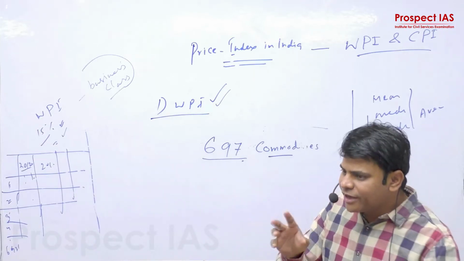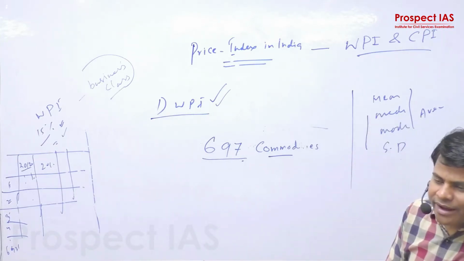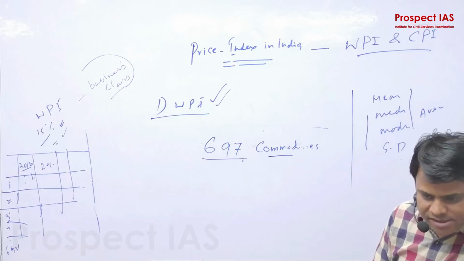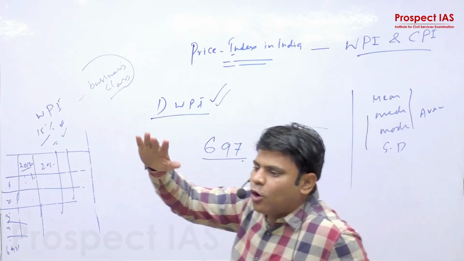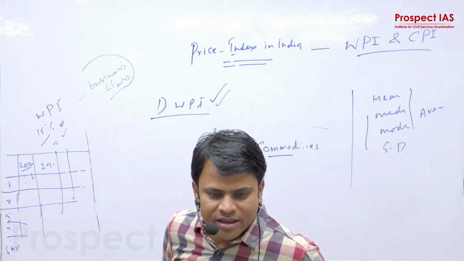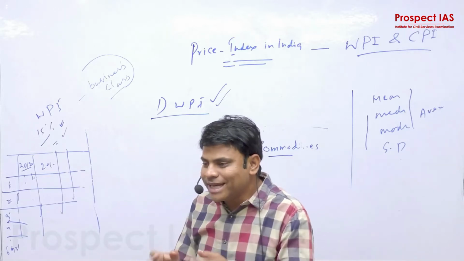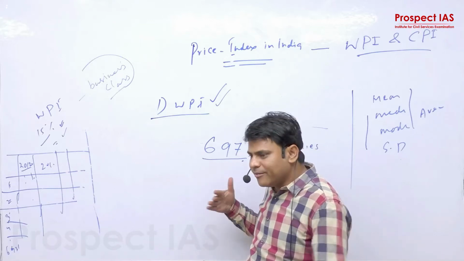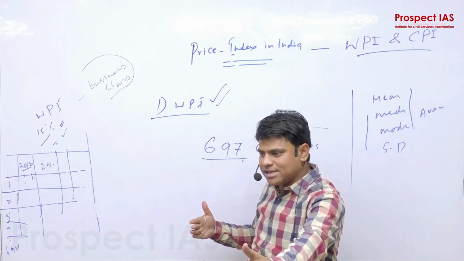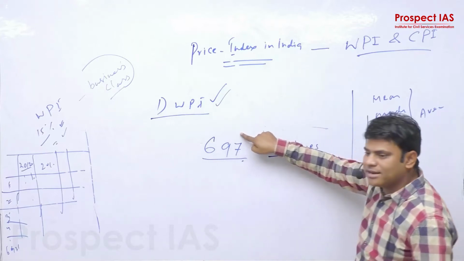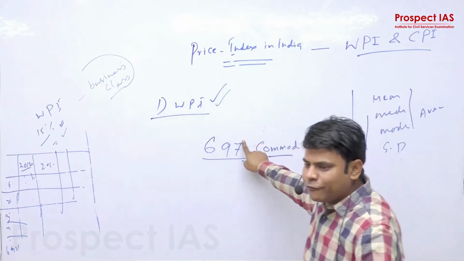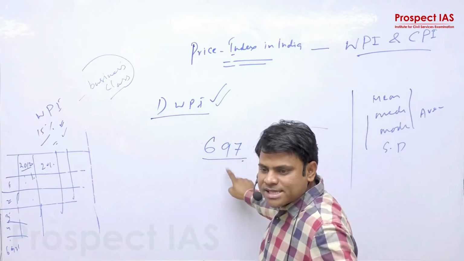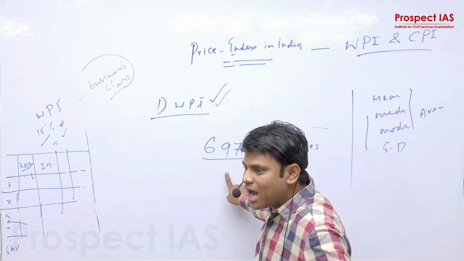And that table will give you a rough idea as to what is happening to the price, whether the price is on the increase or on the decline. But if you want to find out the exact rate of inflation, you'll have to find out the average price and compare the average price with that of last year. So WPI based inflation will be the inflation of these 697 commodities on an average basis.